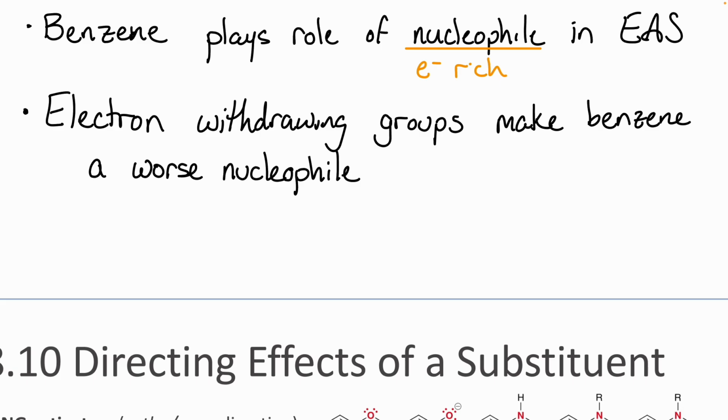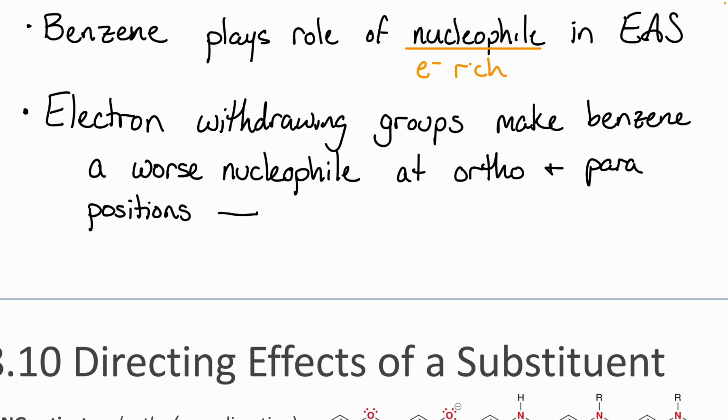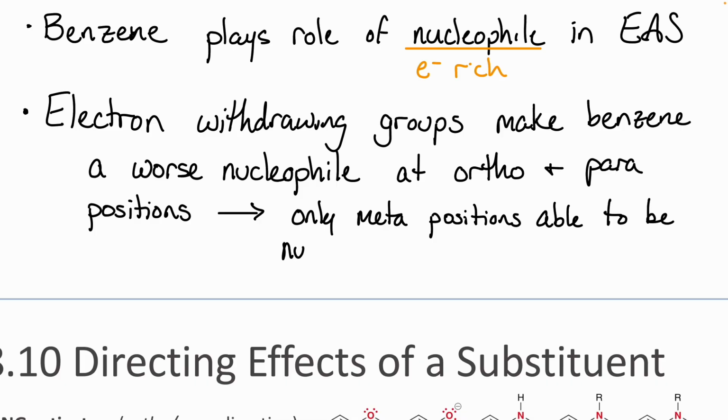So our electron withdrawing groups make benzene a worse nucleophile specifically at the ortho and para positions, leaving only the meta positions able to be nucleophiles.